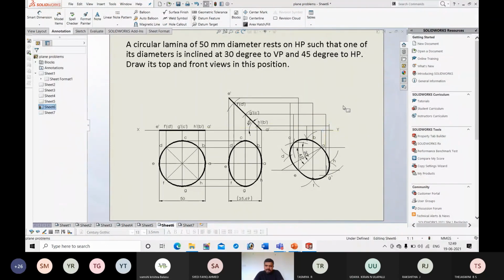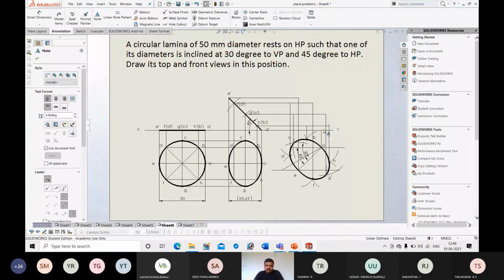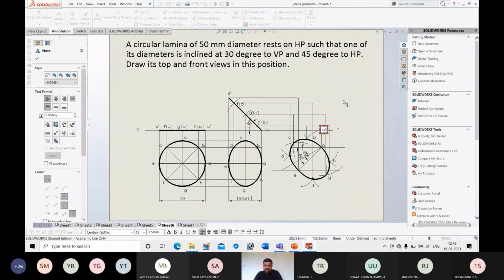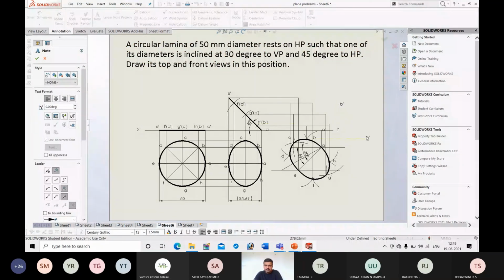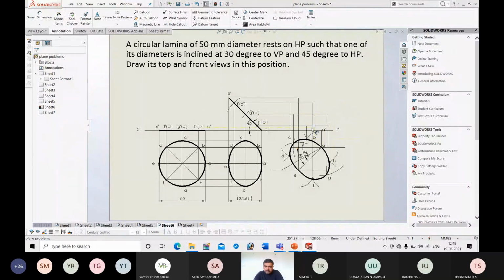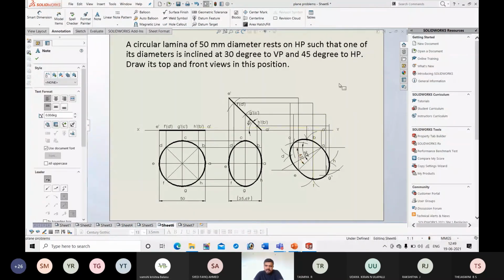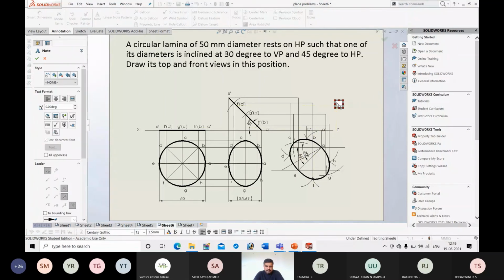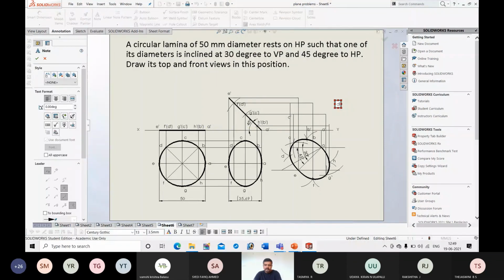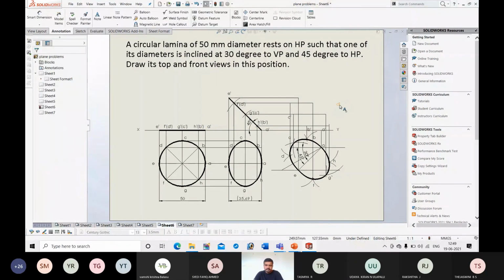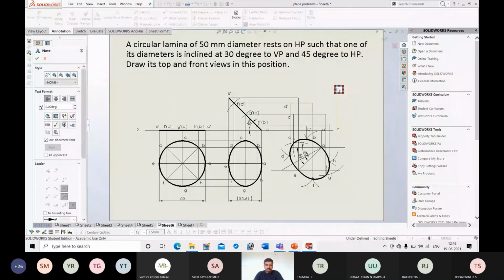So this will be A dash, B dash, next C dash, D dash, next E dash.